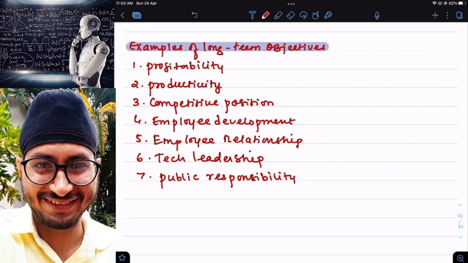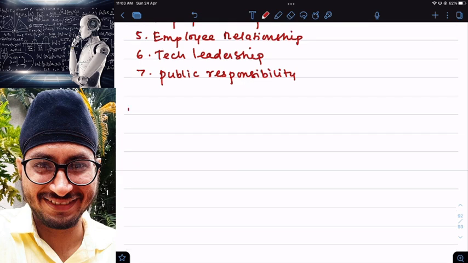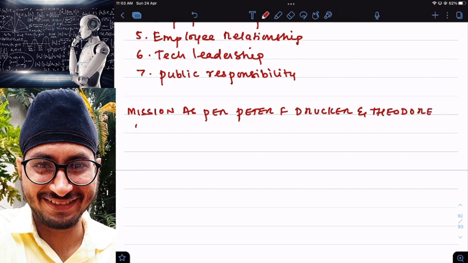So there is one more small concept pending, that is mission. Mission as per Peter F. Drucker and Theodore Levitt.